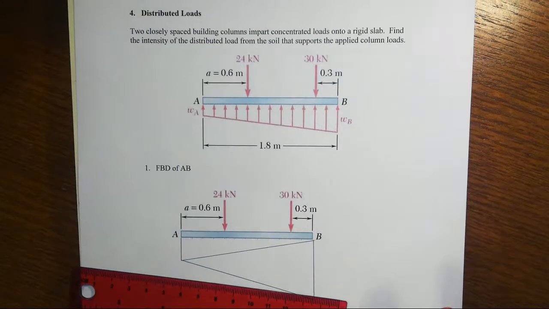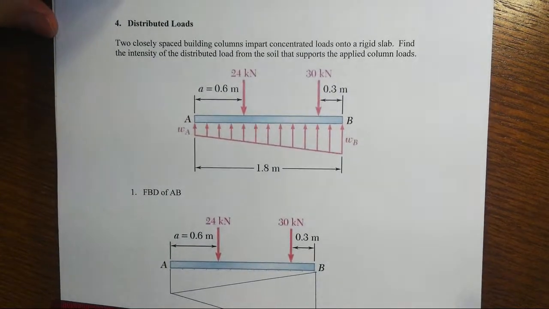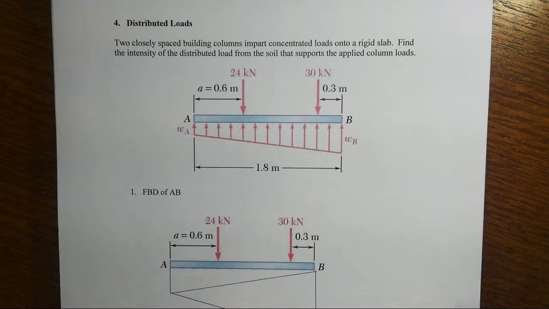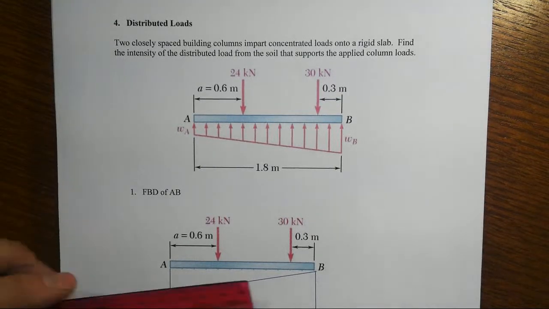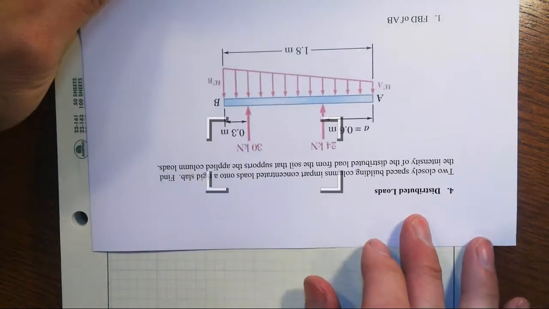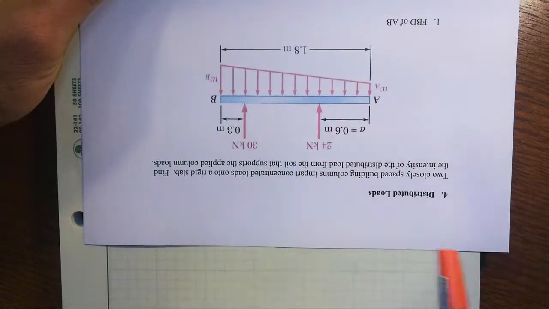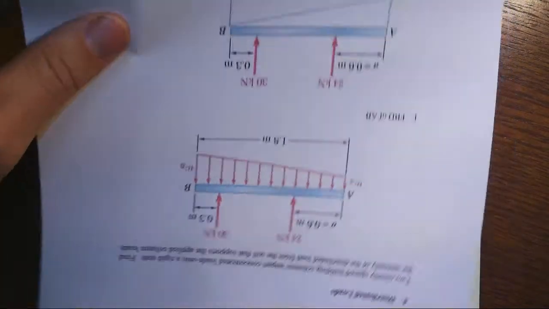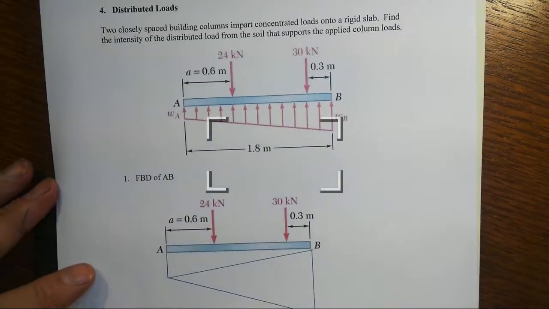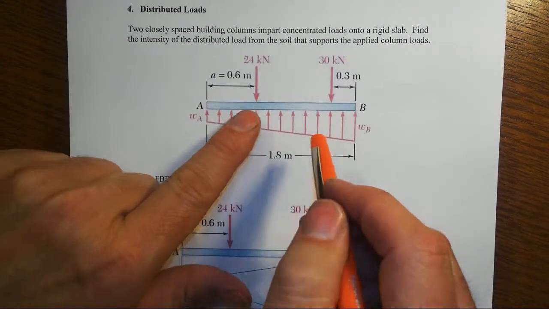Okay, in this example we're going to do a couple of things that are slightly different. One of those is that we're reversing the role of the typical way these kinds of distributed load problems come at us, which is usually to impose a distributed force on the system and ask what the concentrated reactions are. Instead, we're going to look at a slightly different and realistic context.